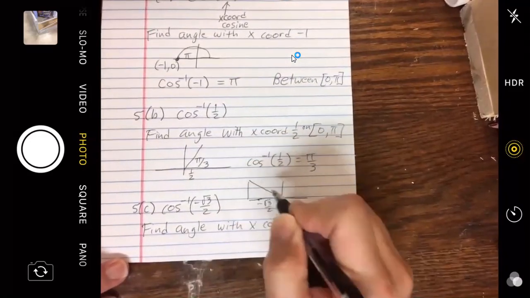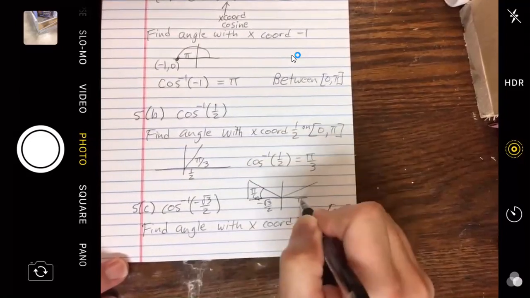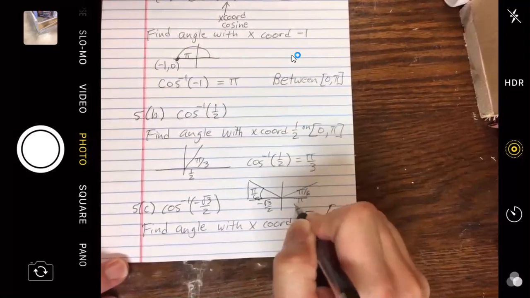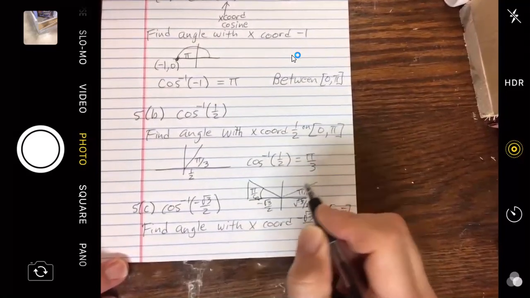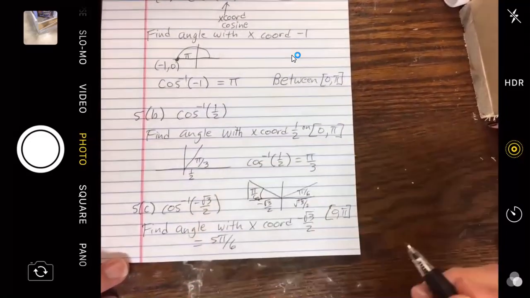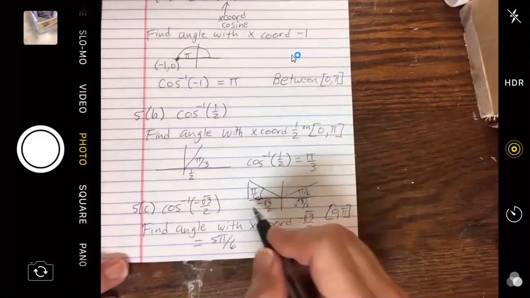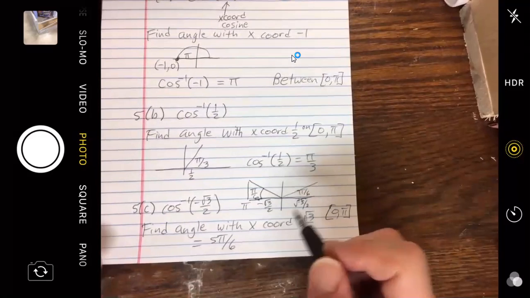You have a reference angle of pi over 6, √3 over 2 there, and so you'd be at 5 pi over 6. It should be pi over 6 short of pi, 6 pi over 6.